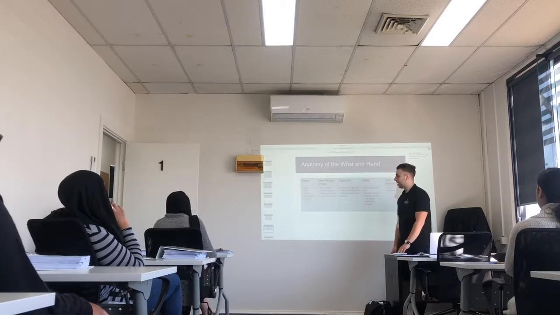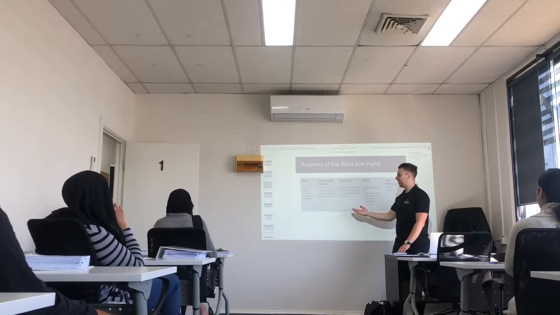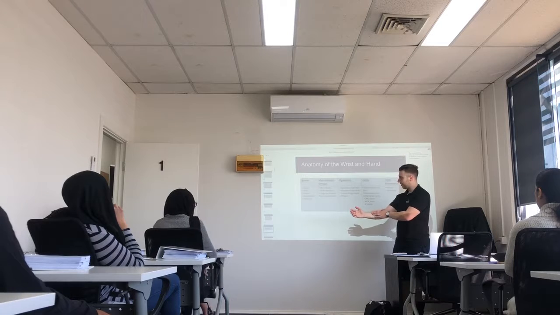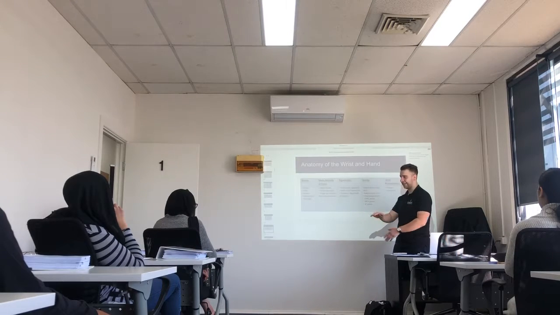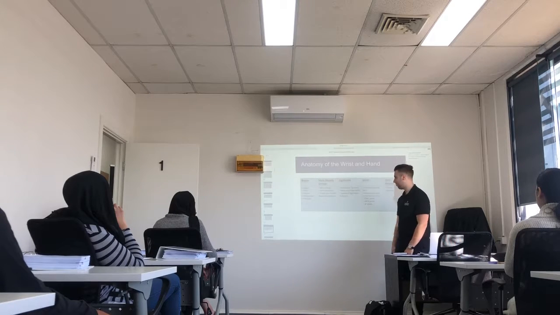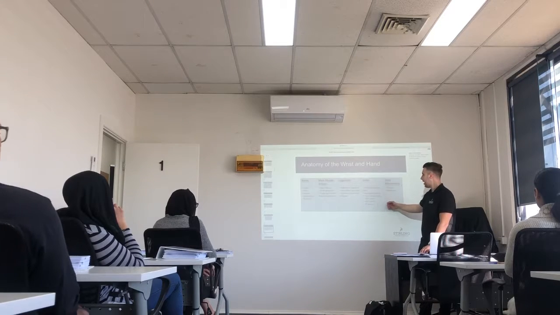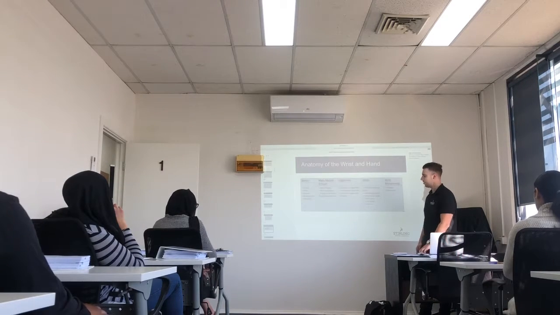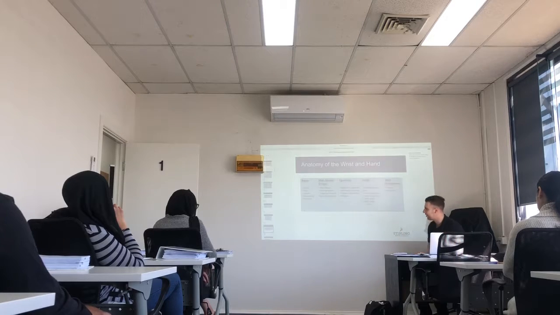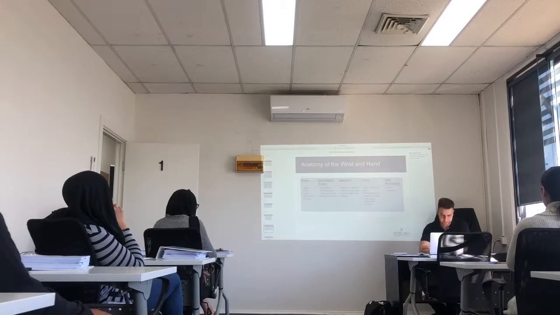Main muscle groups: wrist flexors, extensors, and finger and thumb flexors and extensors. So extensors of the thumb and flexors of the thumb as well. Different joints and joint movements, predominantly flexion and extension movements for them.